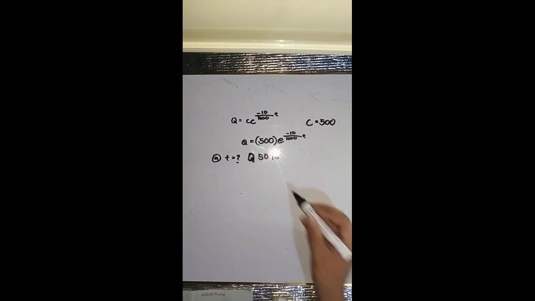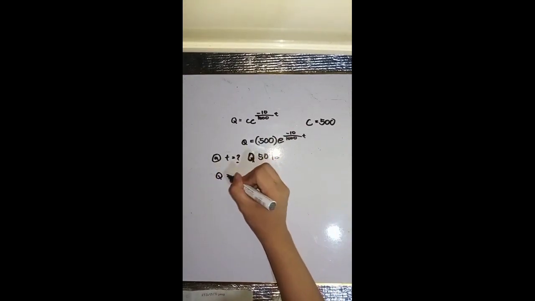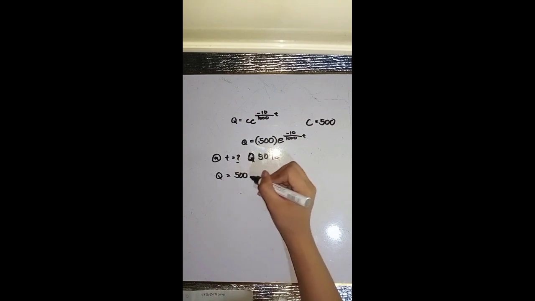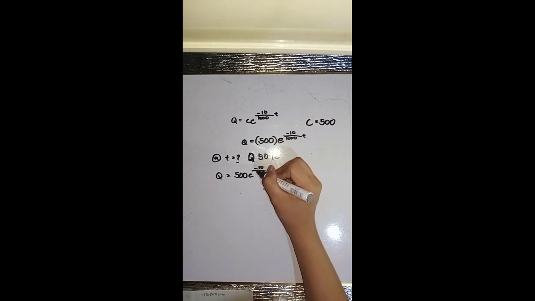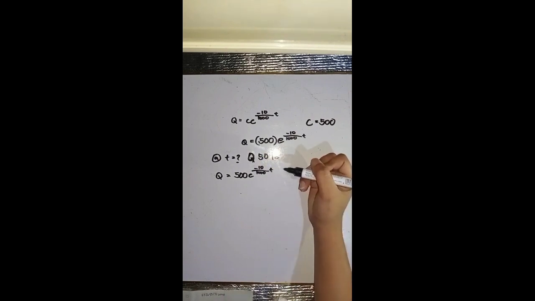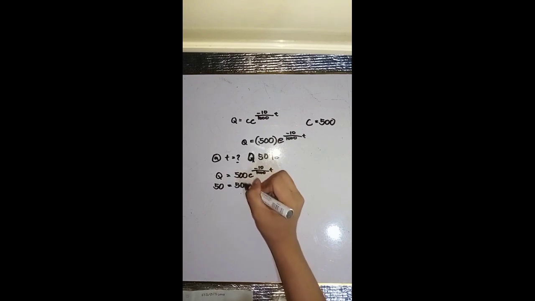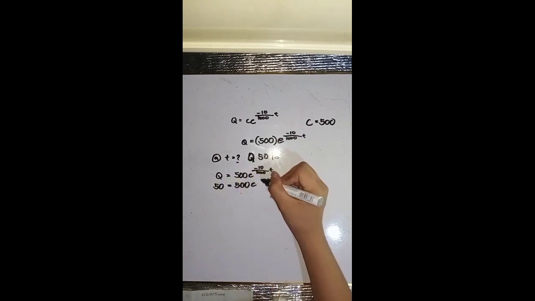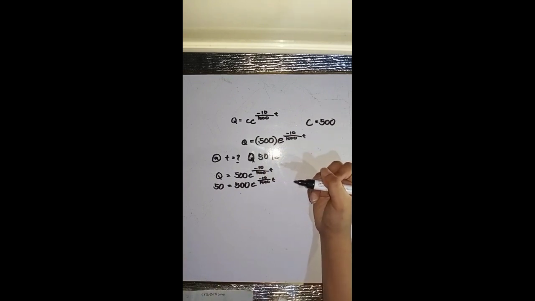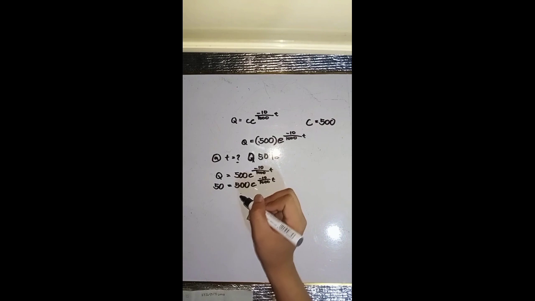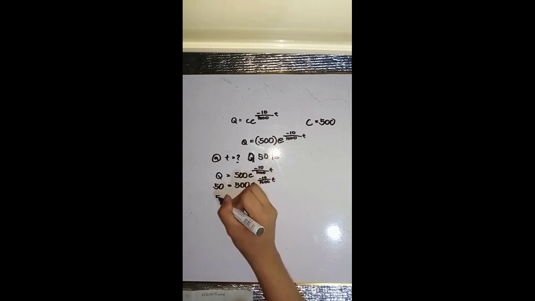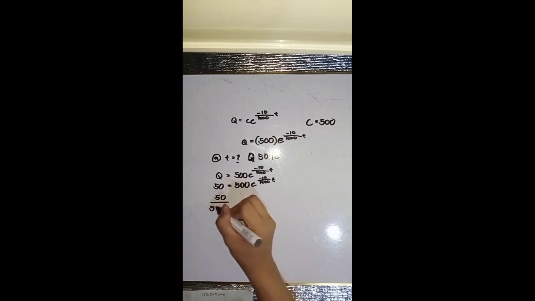So we'll just substitute it into our equation. Q equals 500 e raised to negative 10 over 1000 T. Substituting the value of Q, it becomes 50 equals 500 e raised to negative 10 over 1000 T. Then we'll divide both sides by 500 in order to cancel out the 500 on the other side.